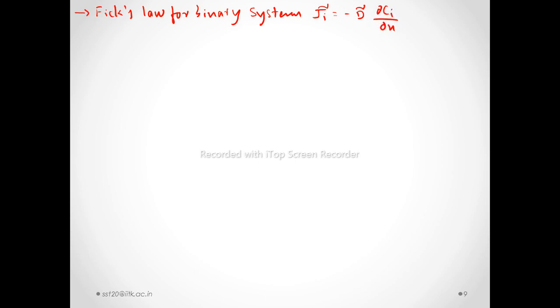This means Fick's first law will tell that the concentration is only a function of position, but it's not true. Concentration is a function of both position as well as time, as I said in the previous section.